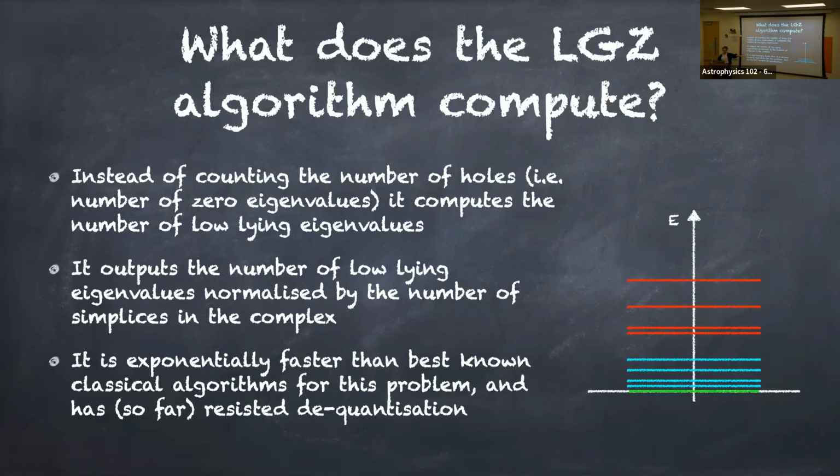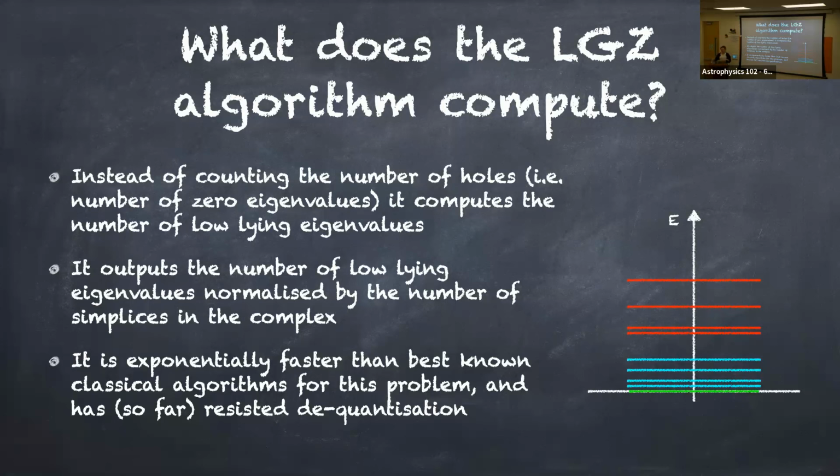All the eigenvalues on the green line, all those zero eigenvalues, really correspond to holes in the data set we're interested in. What the LGZ algorithm does is it samples all the blue eigenvalues and the green eigenvalues. So it doesn't give us an exact answer for the whole number of holes, but it gives something which you might consider an approximation, and it ignores the higher-lying eigenvalues.